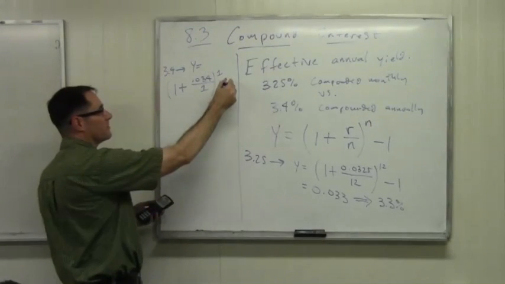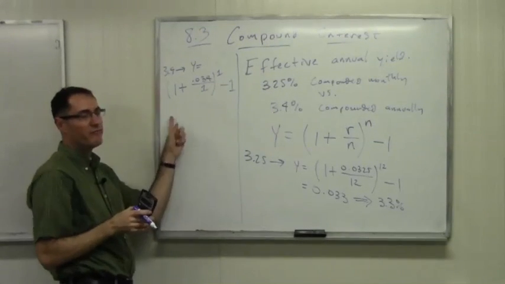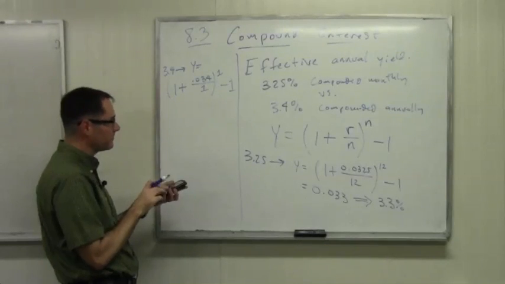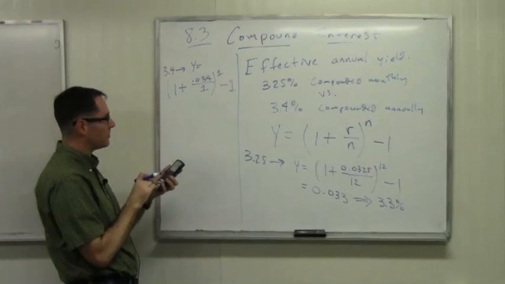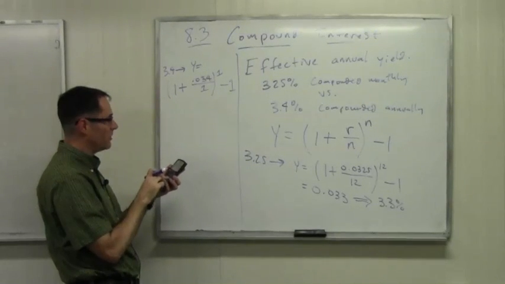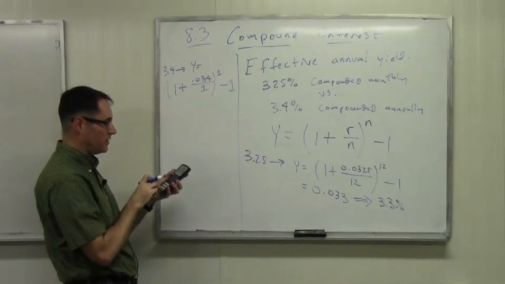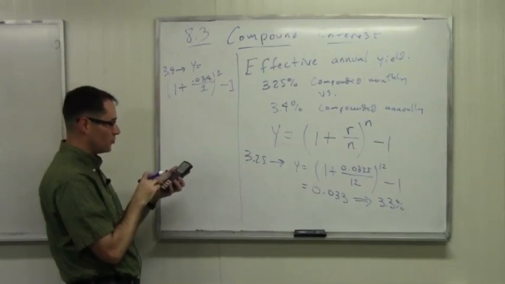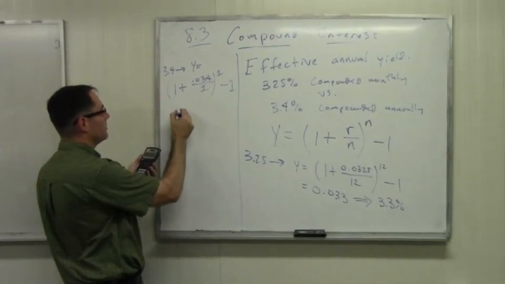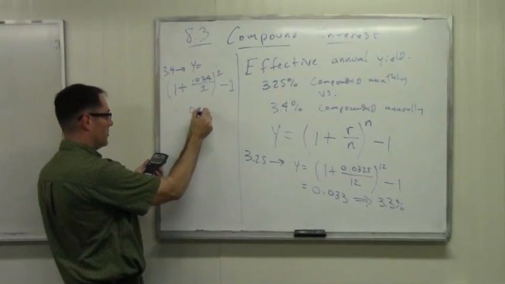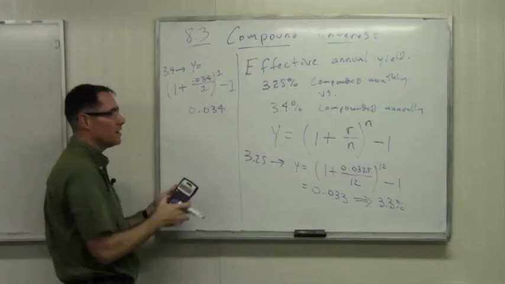Lots of 1s on this one. For the 3.4, do the same thing. Parentheses 1 plus 0.034 divided by 1, raised to the 1, minus 1 gives you 0.034.